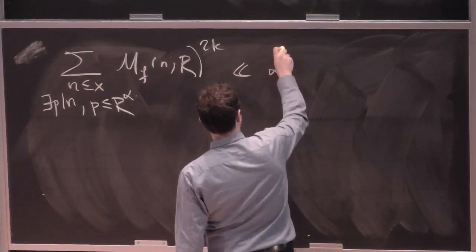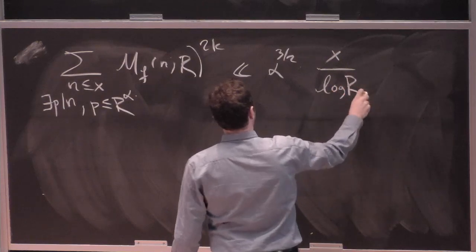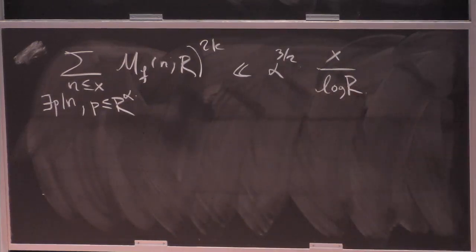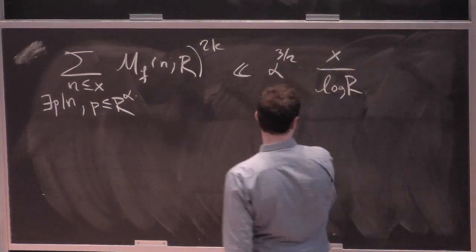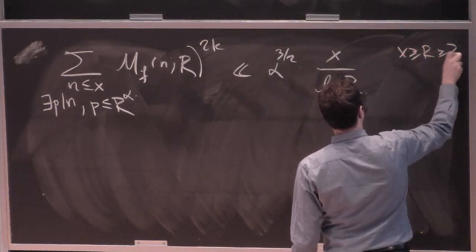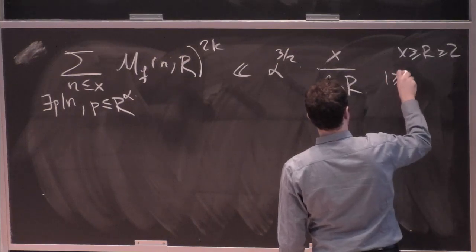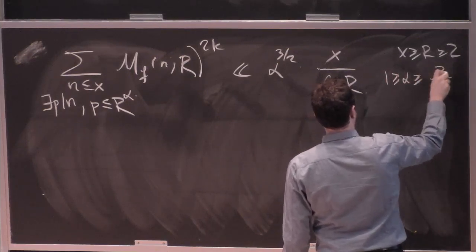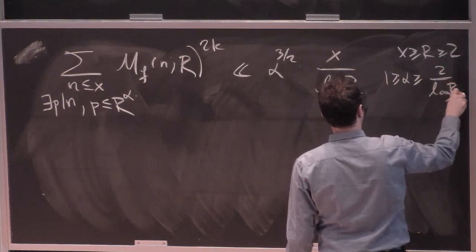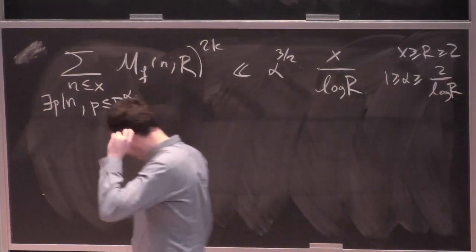And then what we get is some saving over x over log r, so even smaller. And this holds when x is at least r, at least 2, and alpha is between 1 and not too small. Otherwise, well, there are no such primes. Okay.